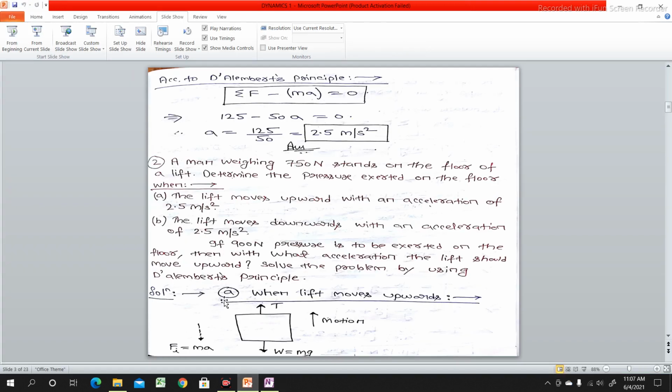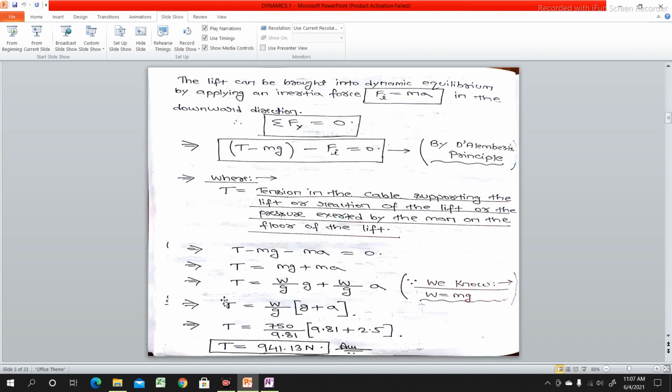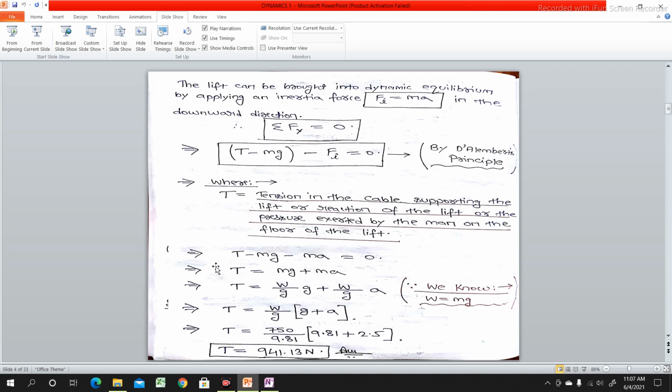Okay, when the lift is moving upward with an acceleration of 2.5 meter per second square, the pressure that the man will exert on the floor of the lift is how much? It is 941.13 Newton. Now let us solve the second part of the problem.